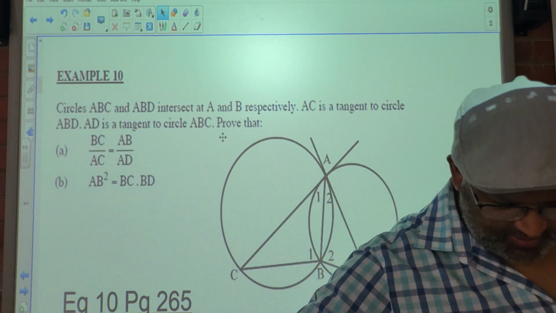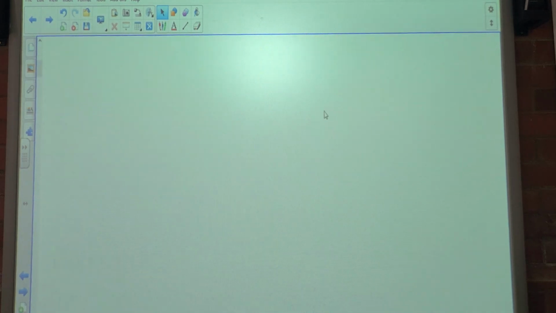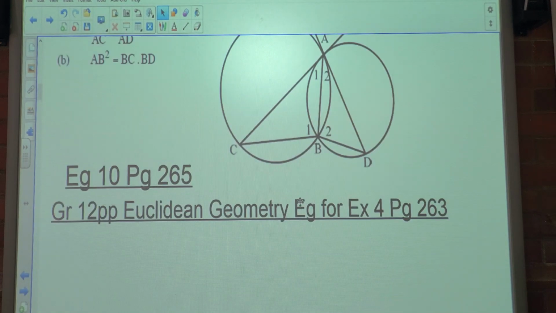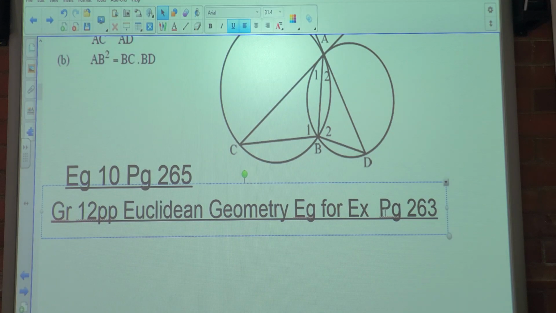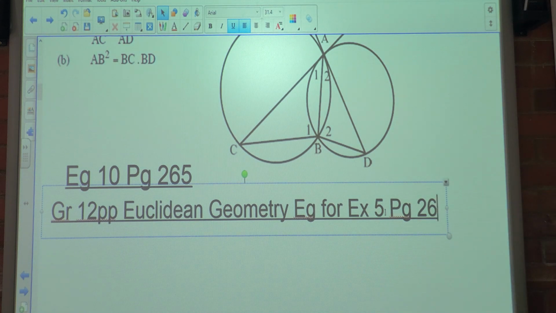Okay, here's my marker. Yes? It's exercise 4. Not 4 but 5 on page 267. Thank you. Right.